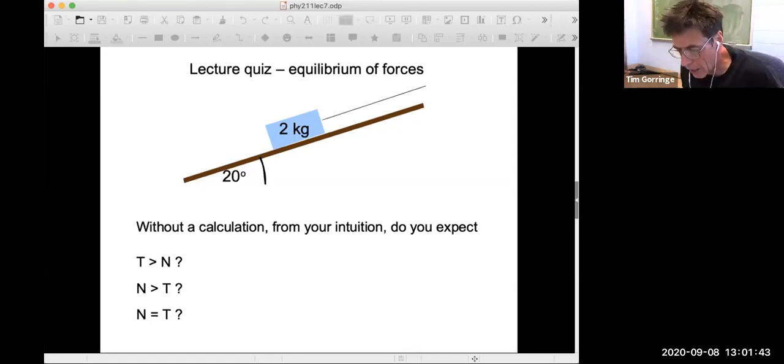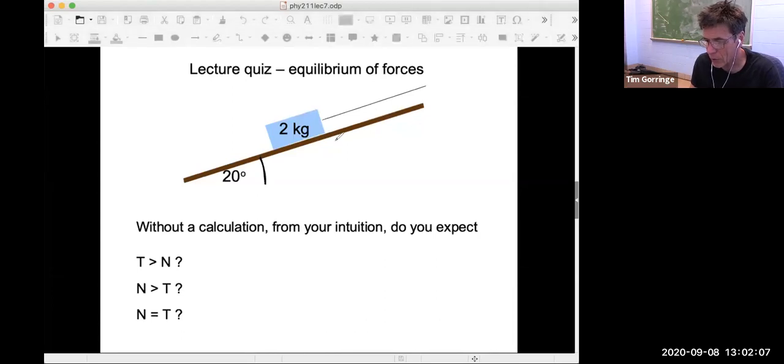Okay, so the answer is that the normal force is bigger than the tension force. Let me tell you how I think about it without doing any calculation. Supposing we made the incline angle, that 20 degrees, an extremely small angle, maybe 1 degree or maybe less, so we'd lower the incline.